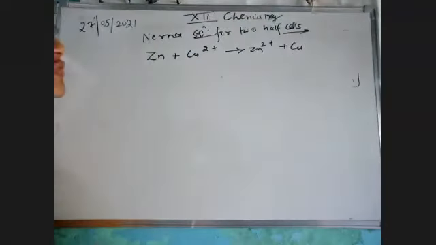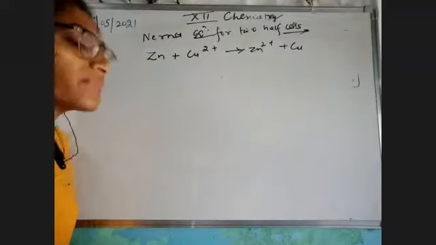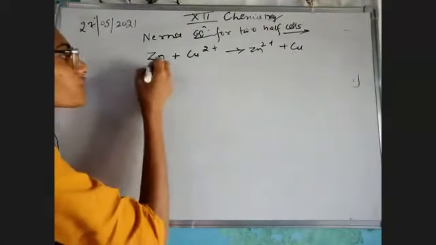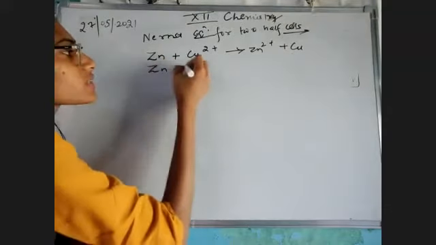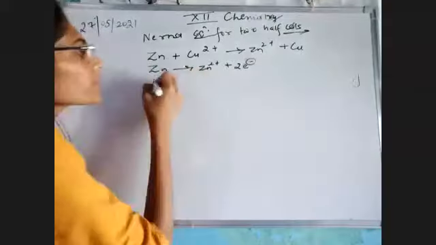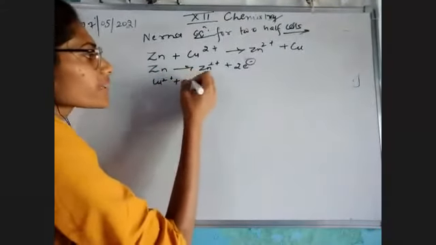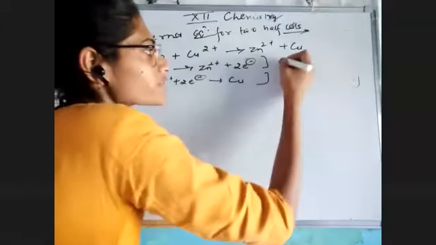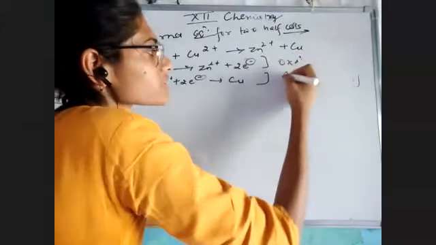This is an example of an electrochemical cell you have studied. Zinc converts to zinc 2+ plus 2 electrons, and copper 2+ gains 2 electrons and converts into copper. Both are half cells. This is oxidation, this is reduction.